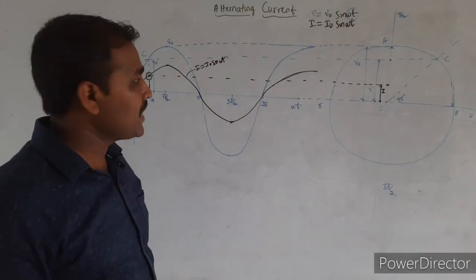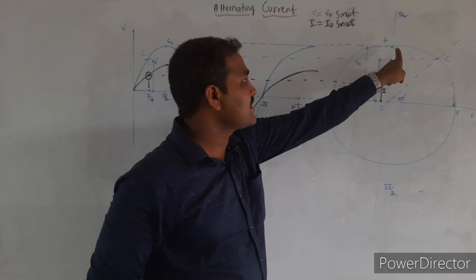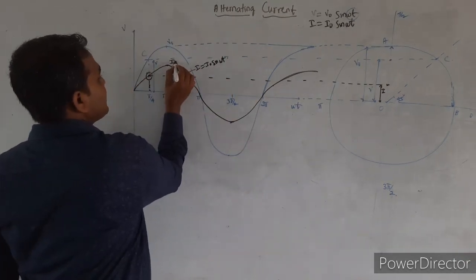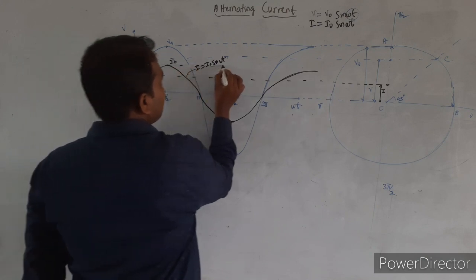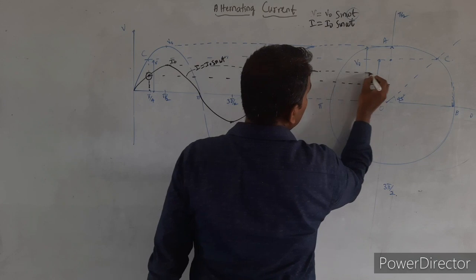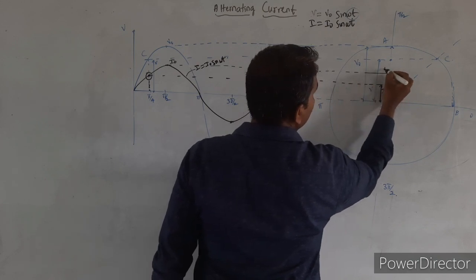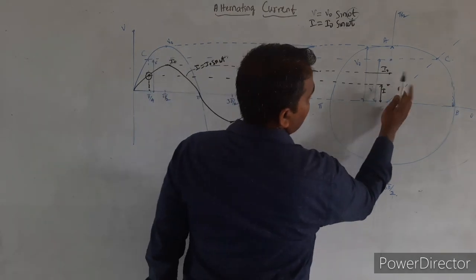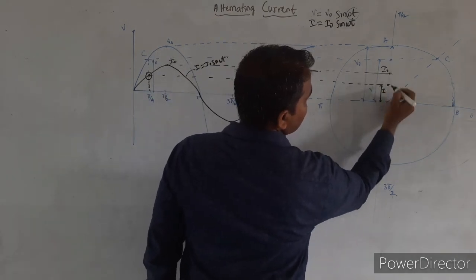Or you can also do it by another method. Just as I represented the maximum value of voltage, the maximum value of current is here. This is the value of I naught, correct? You project it on the vertical axis. So this is the maximum value of I naught. Are you getting it? The same height, the same phasor, this is the phasor, right?